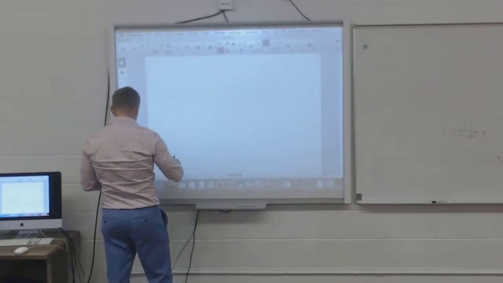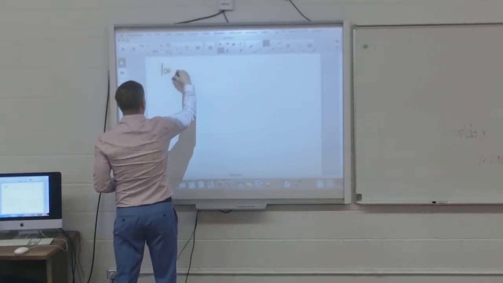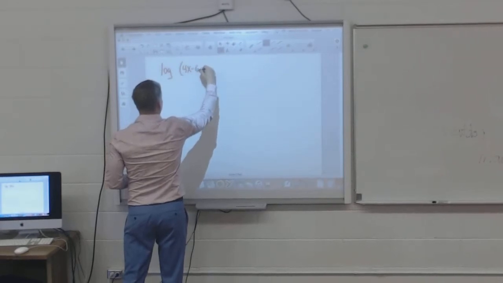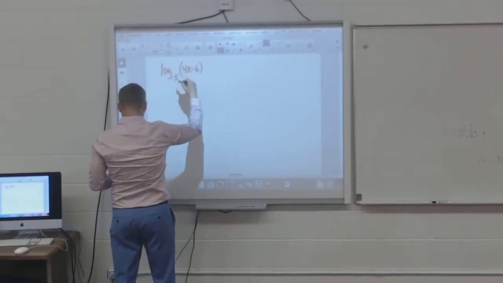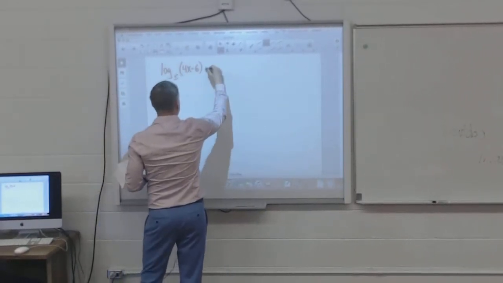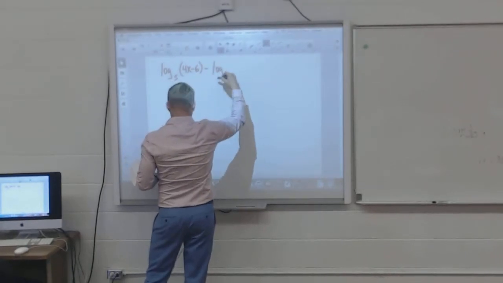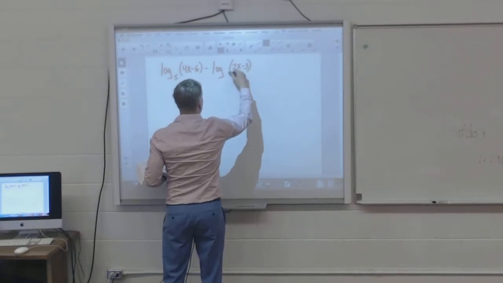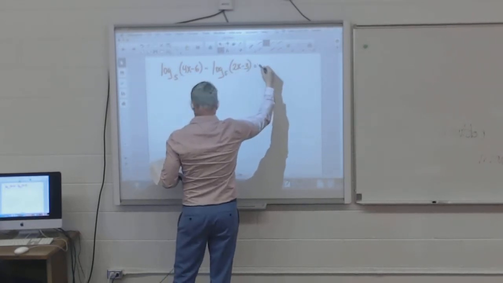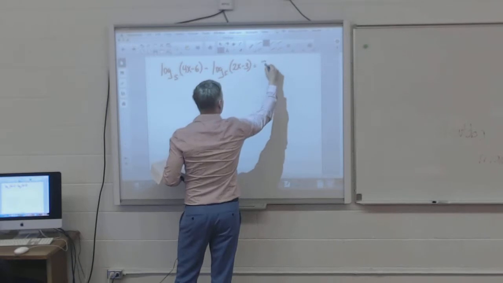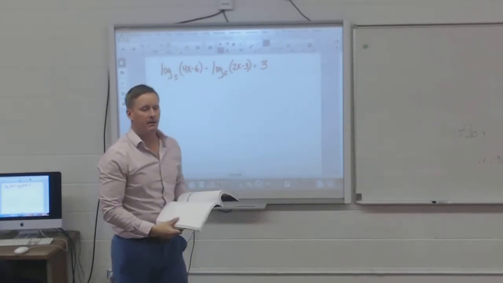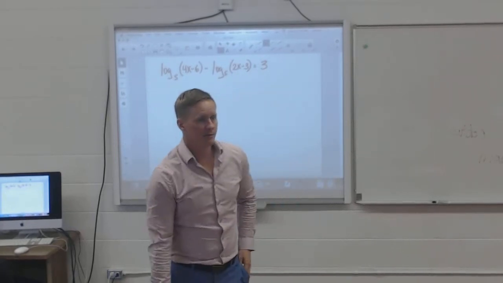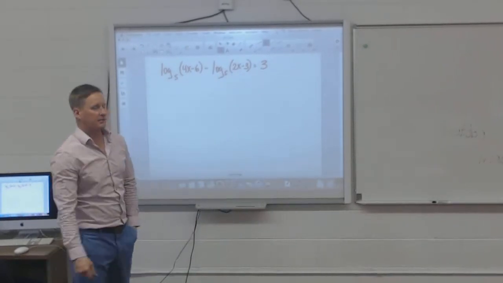I'm going to switch D right off the hop here, just so that I have the logs on the same side of the equation. Okay, does everybody follow what I did there? I just moved the log over and the 3 to the other side.